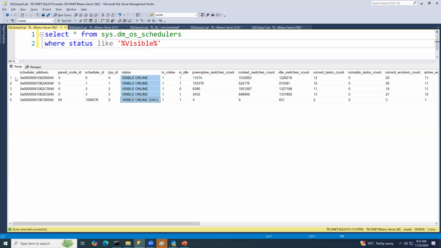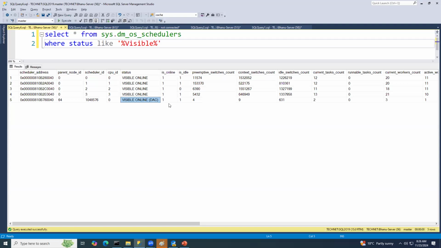We have the visible online schedulers, the CPUs and all, and we have another one for the DAC, the dedicated administrator connection. Let's say all CPUs are busy and you are not even able to open a connection to SQL Server. You can still open a connection using the DAC to see what is happening.